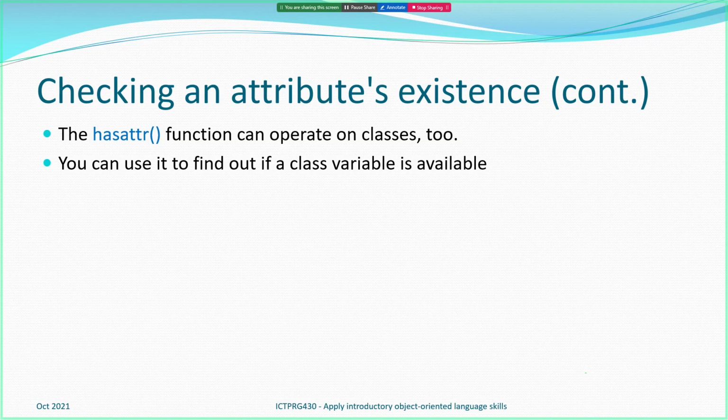As we said, but didn't really stress that much, is we can operate hasattr on classes as well as objects. Just need to stress that a little bit. This way you can find out whether a variable is available. It's nice and easy, returns a true or false, and then you can proceed.